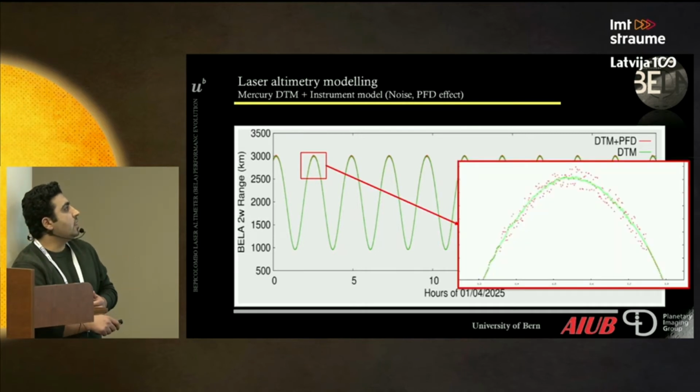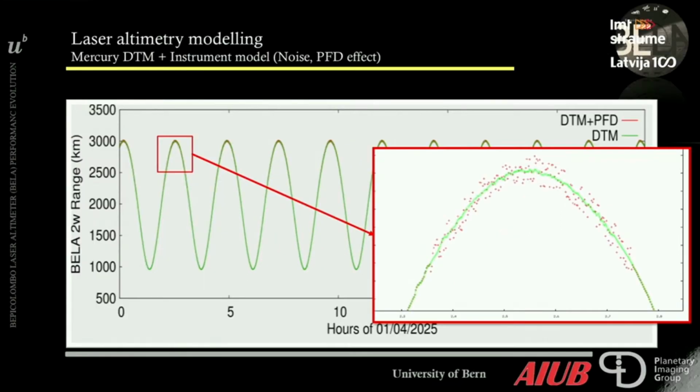So at higher altitude, we will have a lot of false detection, but at lower altitude, somewhere like this, you can see that the red points are exactly on the main green line, so we don't have any false detection here.